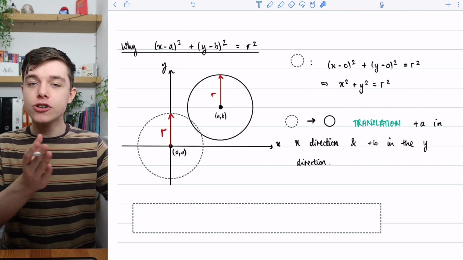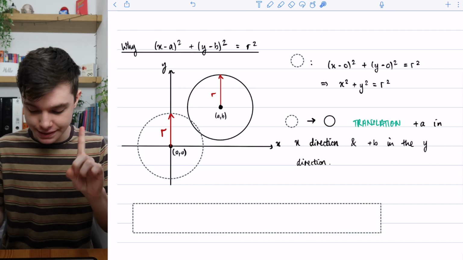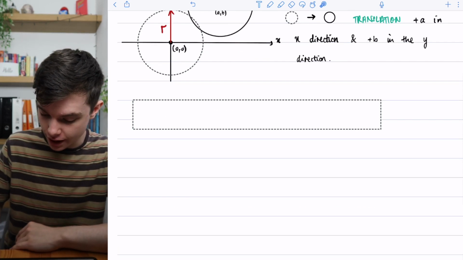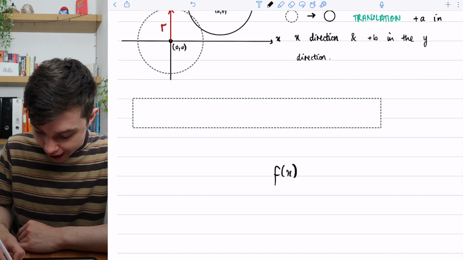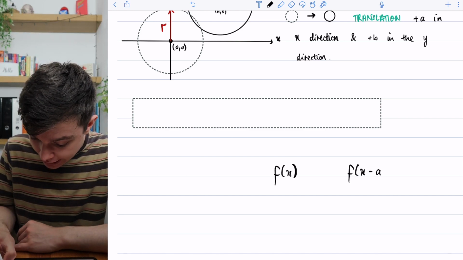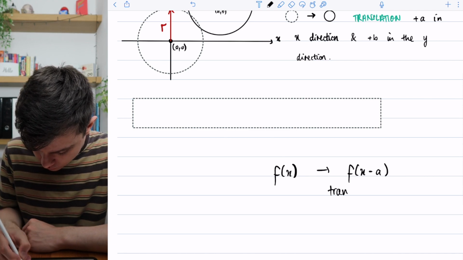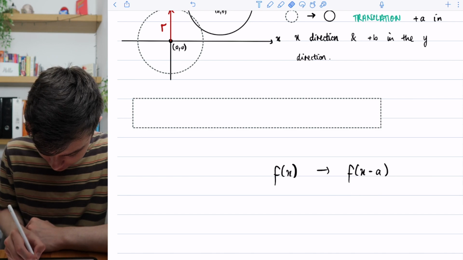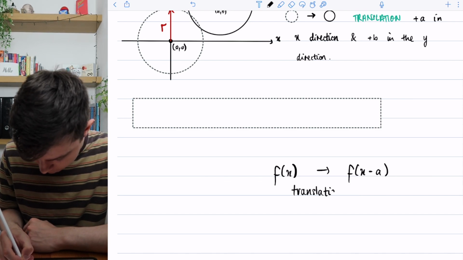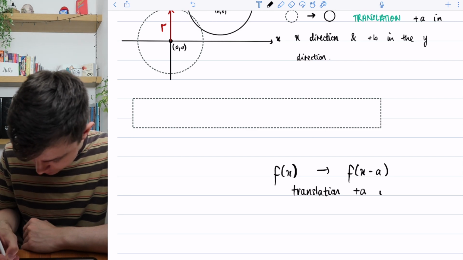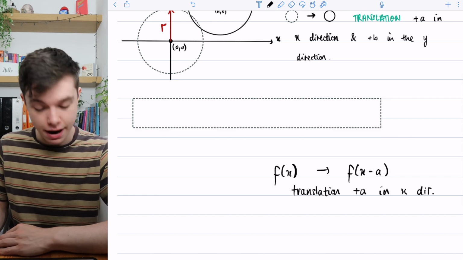Now, if we think back to the translation video, what that actually means is if we have a function, let's say f of x, then f of x minus a is a translation, I'll write it over here, positive a in the x direction. I've just put dir for direction.